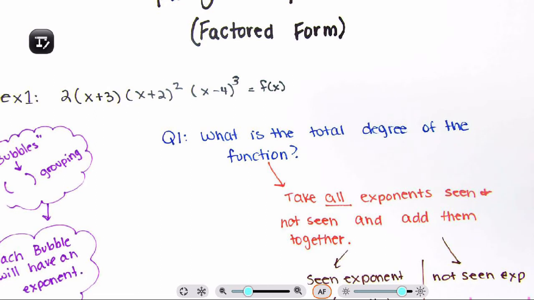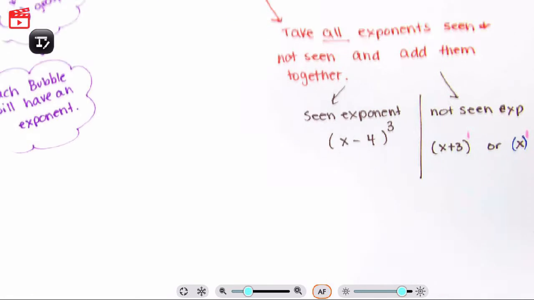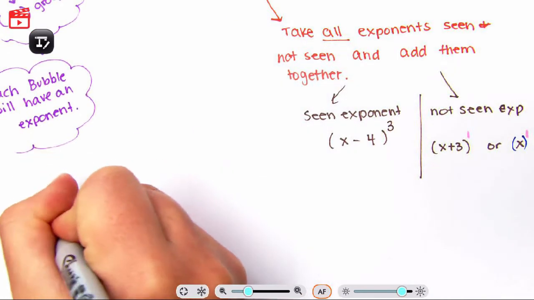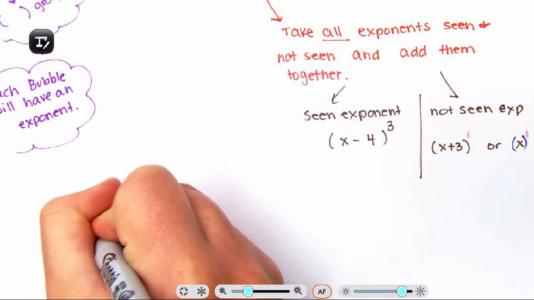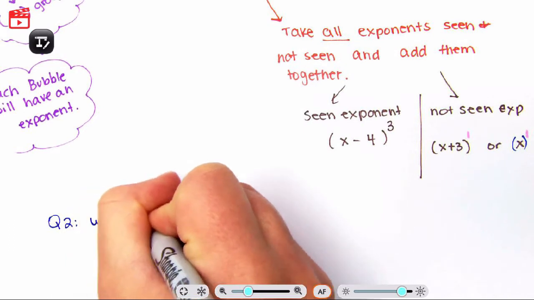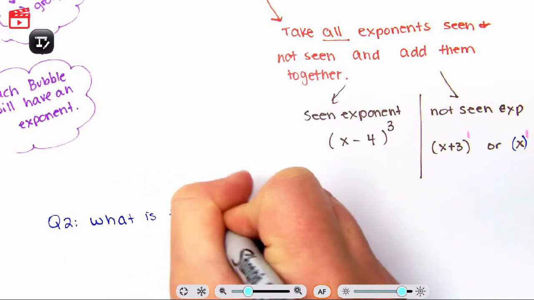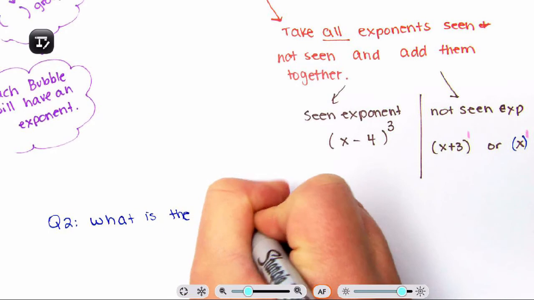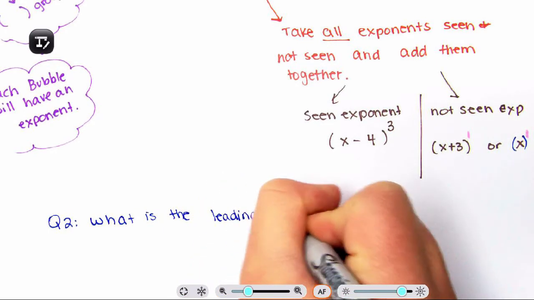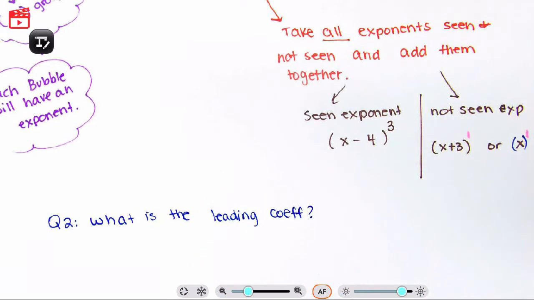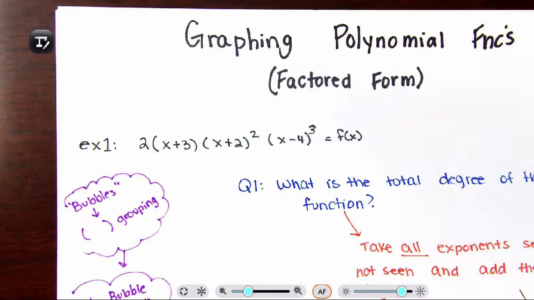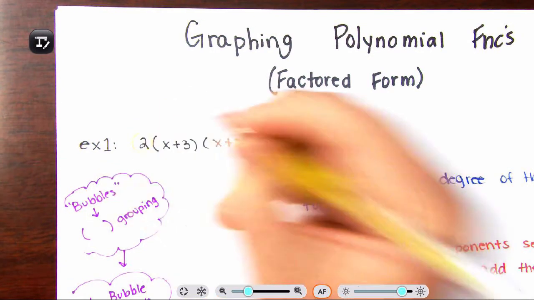Now, leading coefficient. What is the leading coefficient? So all you have to do for the leading coefficient in factored form, love it, is just look at the first number that you see. This is the first number that you see.